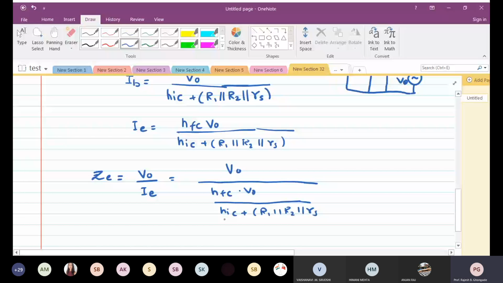This can be simplified as simply HIC plus R1 parallel R2 parallel RS divided by HFC. What I get is the output impedance.